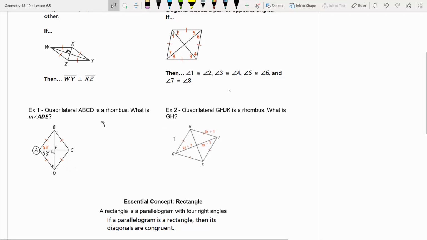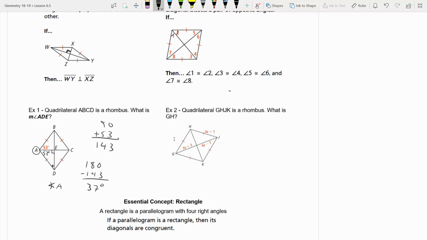So I can do 90 plus 53 and get 143, and then just subtract from 180 to get my final answer of 37 degrees. And so angle ADE is equal to 37 degrees. So that's a really good example of utilizing the properties there.